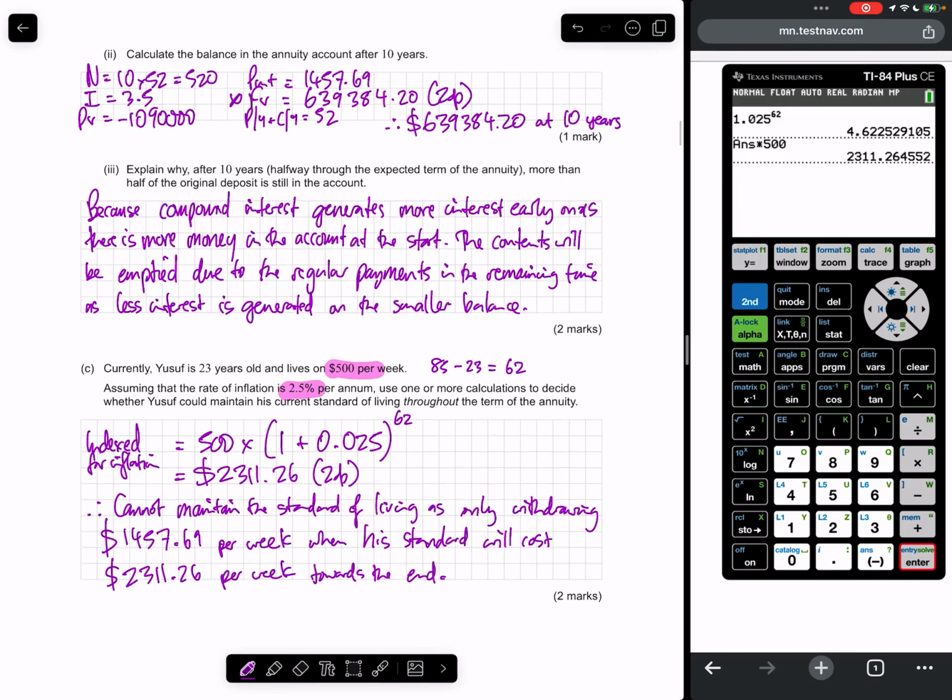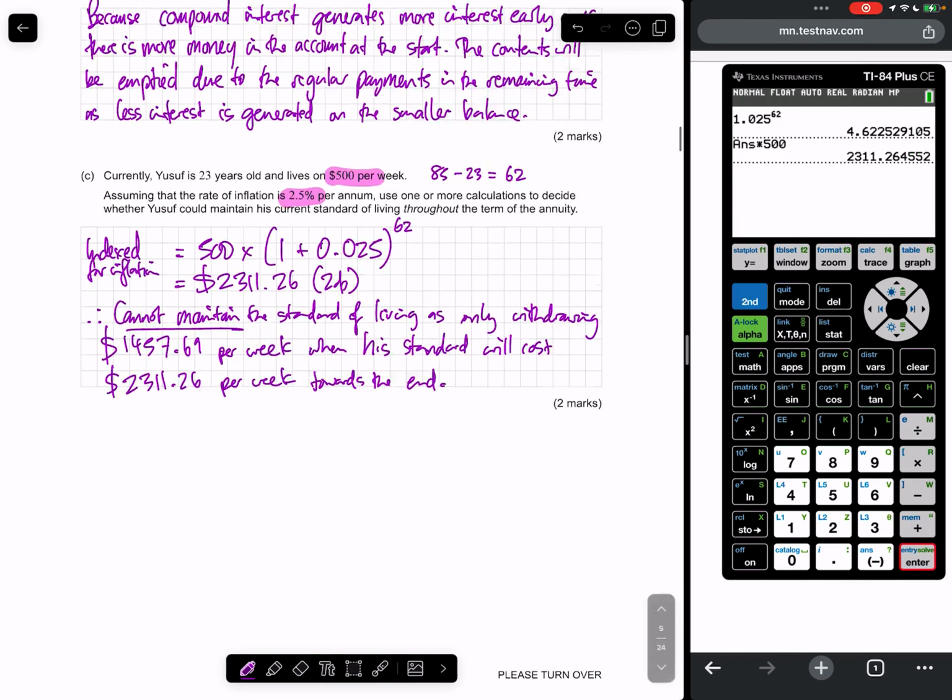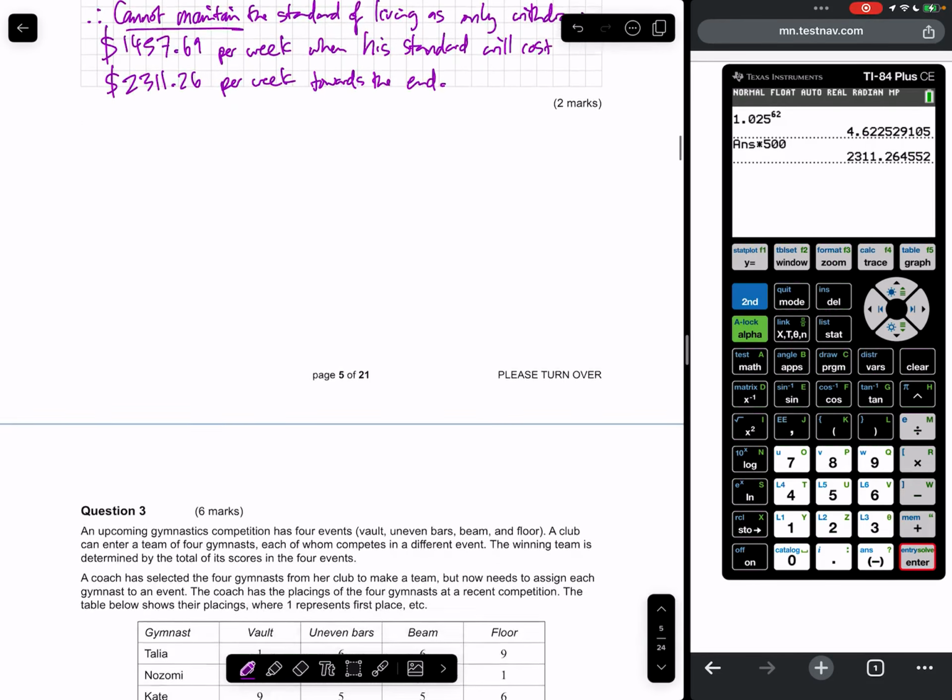So he cannot maintain the standard. That is page 5 of the whole exam.